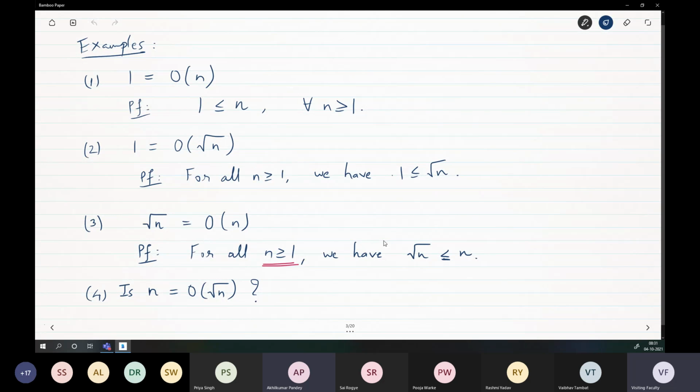No. Okay, why do you think so? Because intuitively n will grow faster than root n. Exactly. So root n cannot be going much faster towards infinity than n. So this is definitely not true. Therefore, n is not big O of square root n.